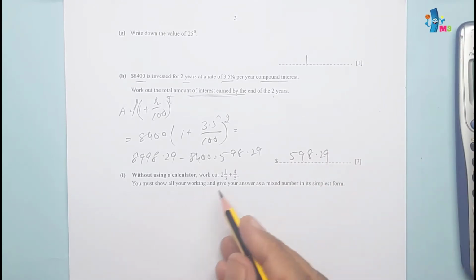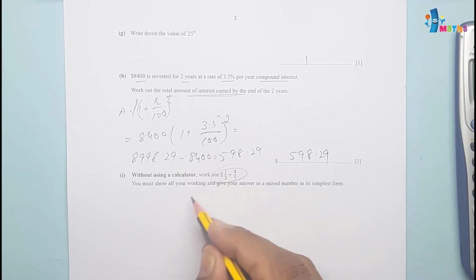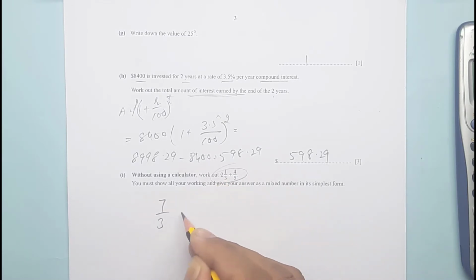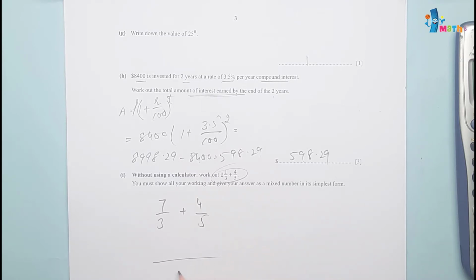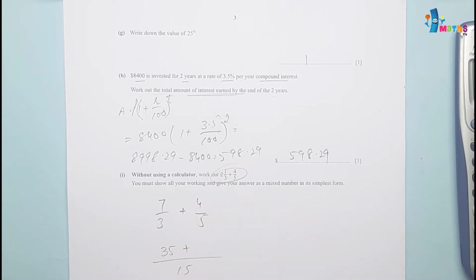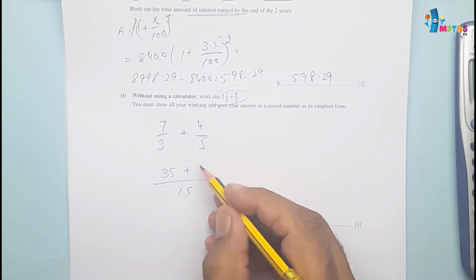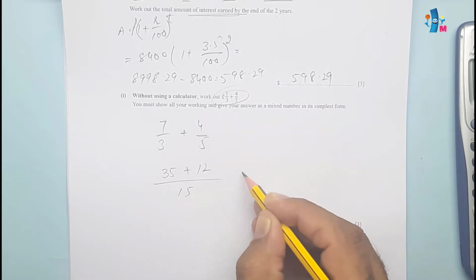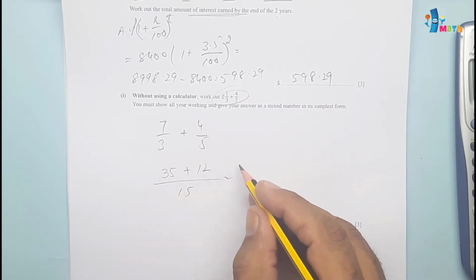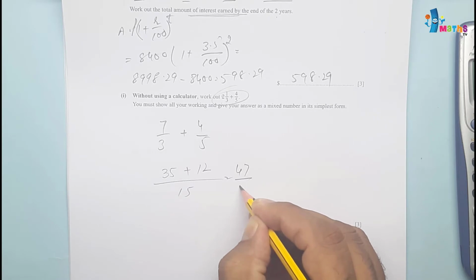Without using a calculator, we have to solve this fraction. 3 2s are 6, 6 plus 1 is 7, 7 by 3 plus 4 by 5, and we can take LCM as 15. So 3 5s are 15, 7 5s are 35, plus 15 divided by 5 will be 3, 3 4s are 12, and 35 plus 12 will be 47 over 15.